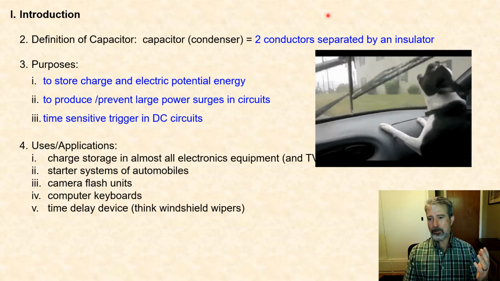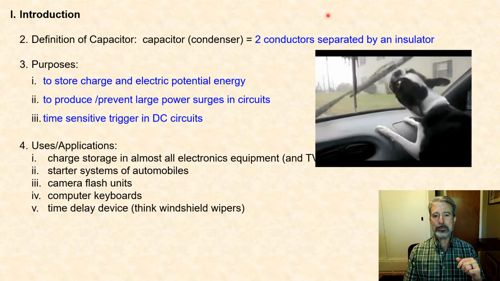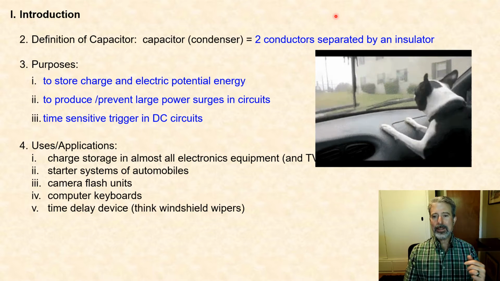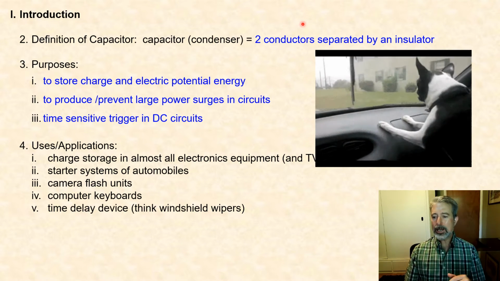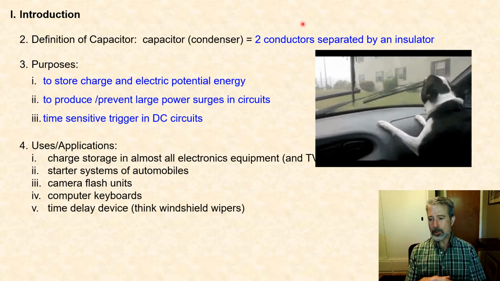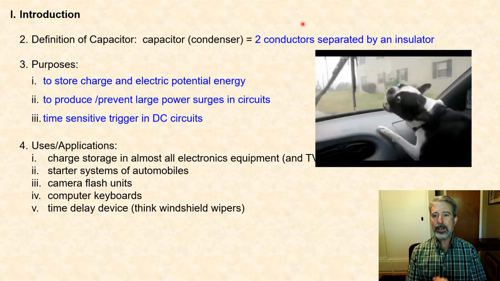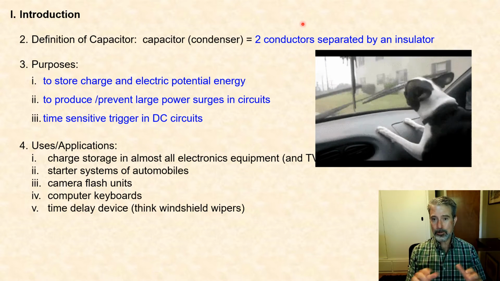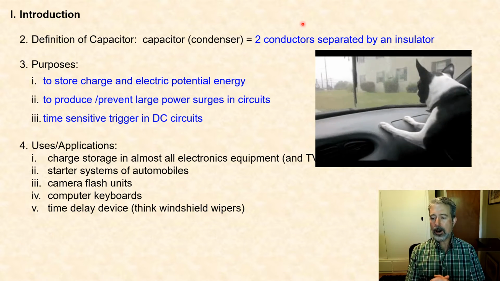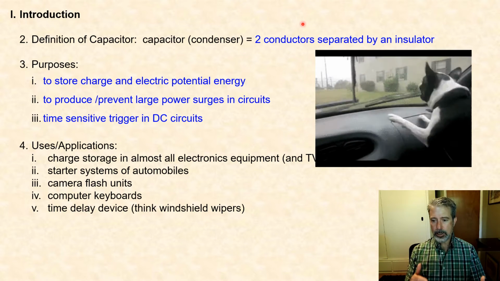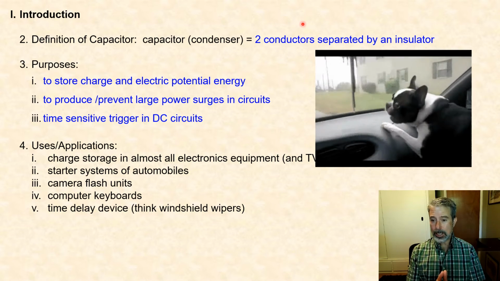Time delay device. Everybody knows your windshield wipers when you put them on the time delay setting. This is an example of an RC circuit, which we will talk about in greater detail later. But for now, let's just suffice it to say that there is a capacitor in there, which takes a certain amount of time to charge, and that's what causes the delay.